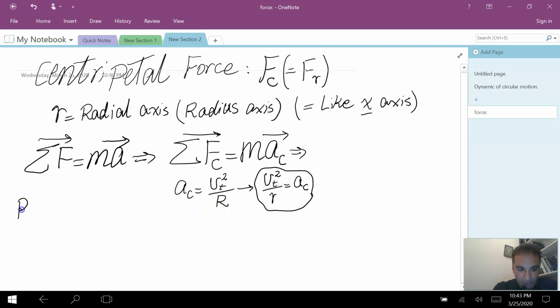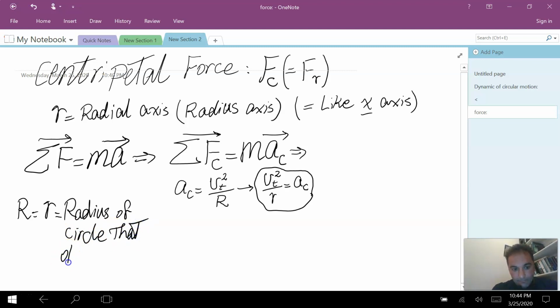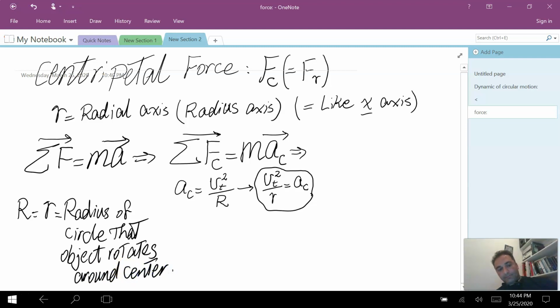Do not forget that. So r is the same as little r. It is the radius of the circle the object or particle rotates about, around the center. So I'm going to show little r instead of big R for radius.